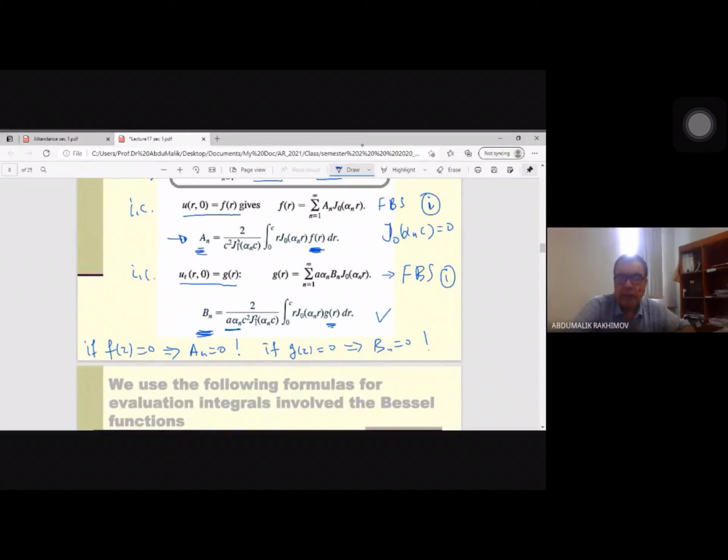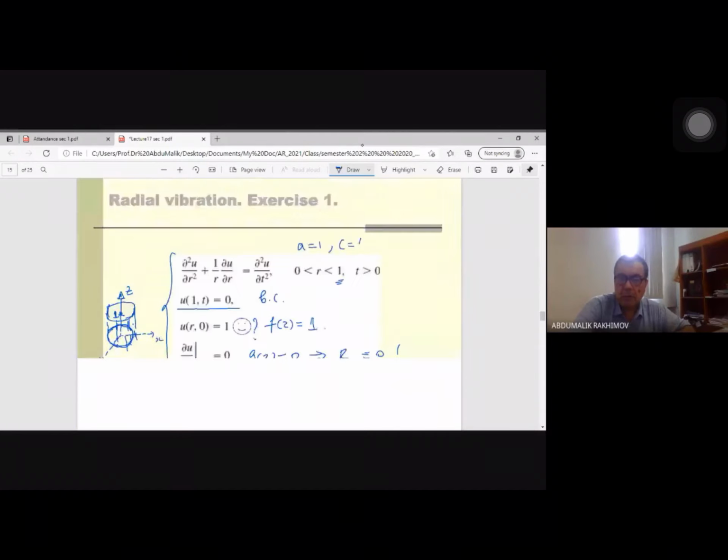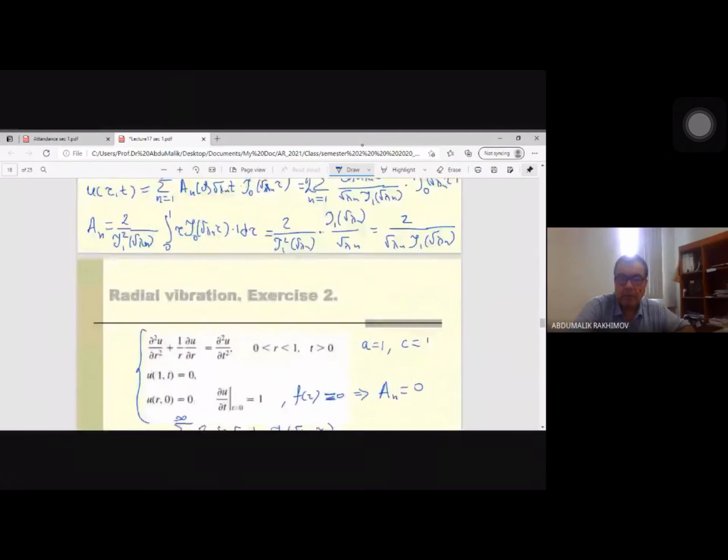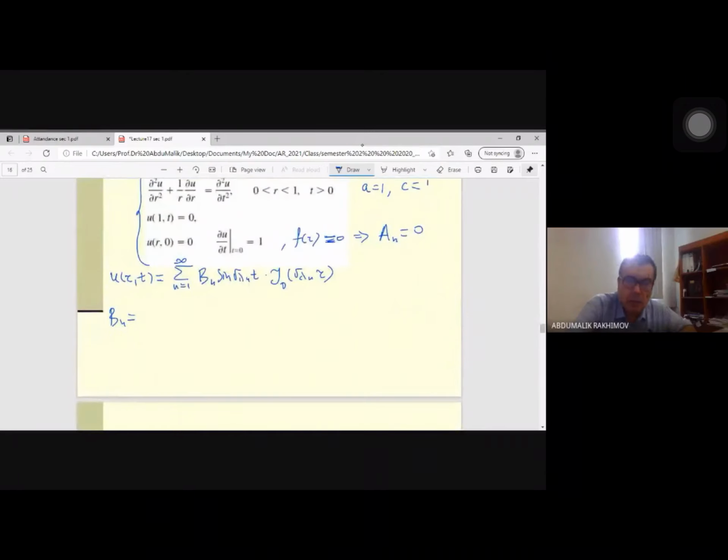So a is 1, and using the same formula it will be 2 over root lambda n, J1 squared of root lambda n, times the integral from 0 to 1 of r J0(root lambda n r) dr. Actually, it's the same integral, so we already evaluated it.